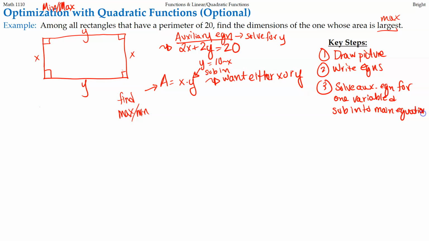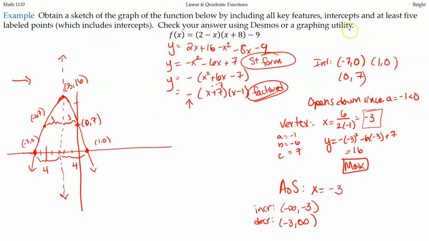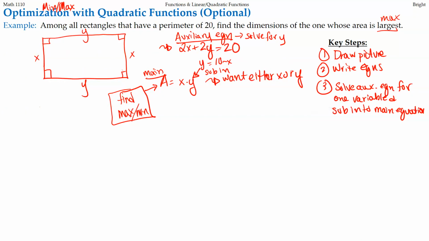To help us identify auxiliary versus main, the main equation has the quantity that you want to find the min or max of. In the problem it said the area that is largest, so that indicates we want to find the maximum area.